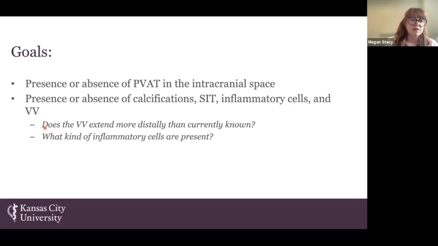And then another question I had was, does the vasa vasorum extend more distally than currently known? Several studies have found that it does extend into the intracranial space, but they've all found vasa vasorum to be growing pretty proximally within the intracranial space. So I was curious if it grows more distally, and what kind of inflammatory cells might be present as well.